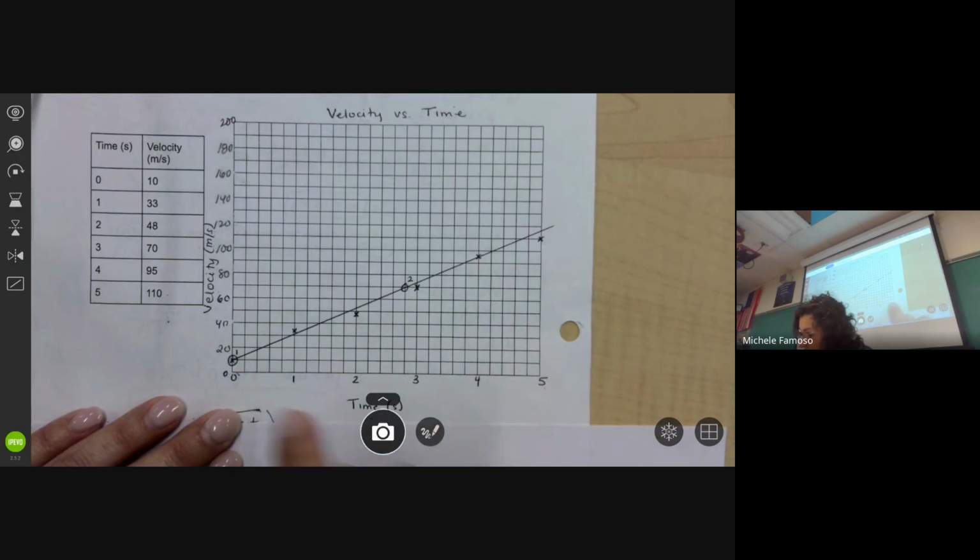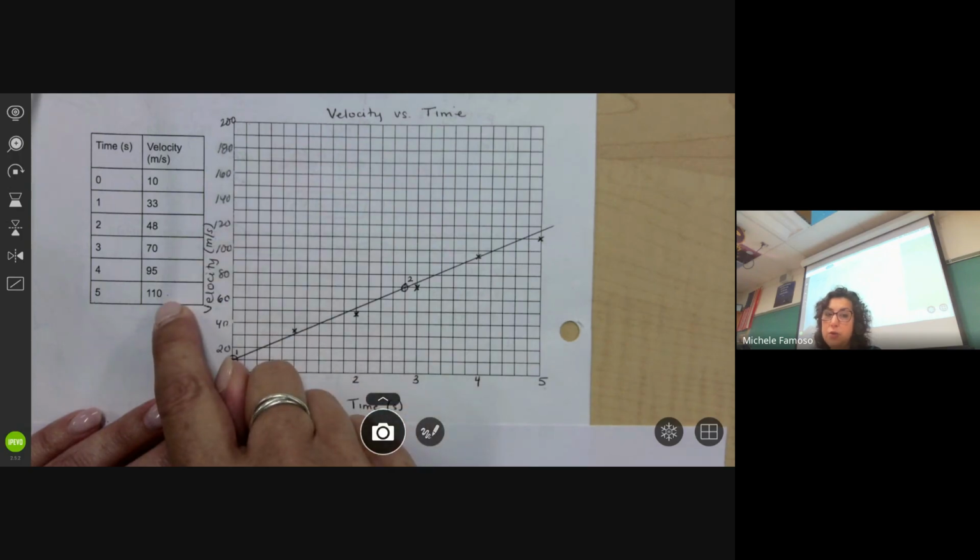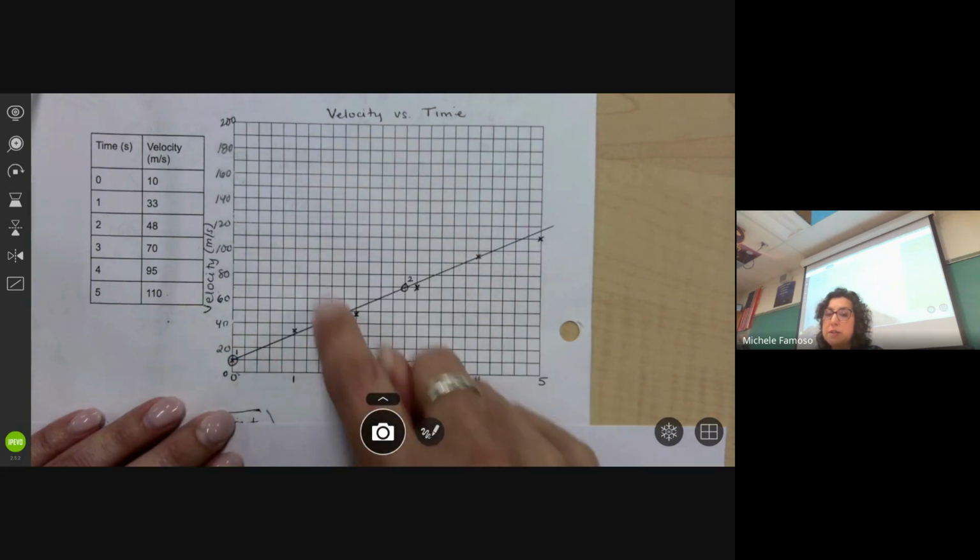On the horizontal axis, since I need to get up to 5 seconds, starting from 0, I did every 1, 2, 3, 4, 5 lines was 1. That gives me a pretty nice uniform scaling, and it gets me all the way to 5 seconds on the far right. On the vertical axis, I have to get to at least 110 m/s. Remember, I want you to use as much of this graph space as you can.